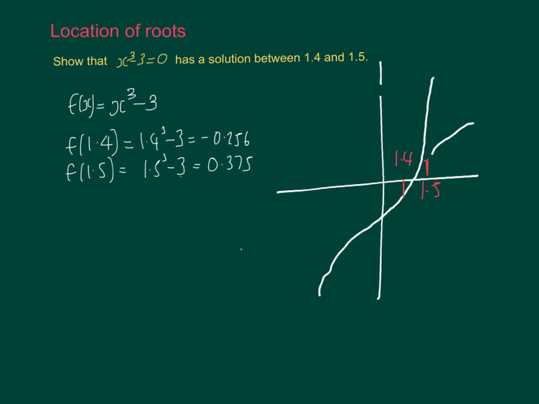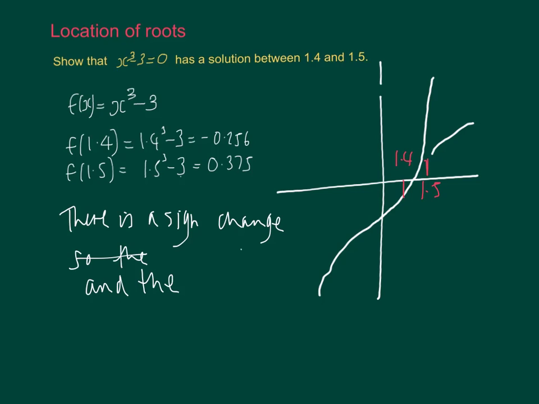So in order to complete the method, we need to say there is a sign change, and so there must be a root in the range. And actually we should also say the graph is continuous, because obviously there could be a situation where there was a positive and a negative value, but the graph didn't cross because there was an asymptote or a discontinuity in the graph.